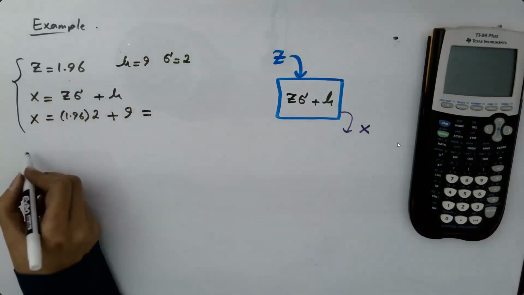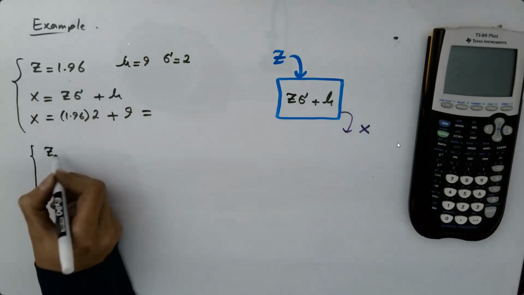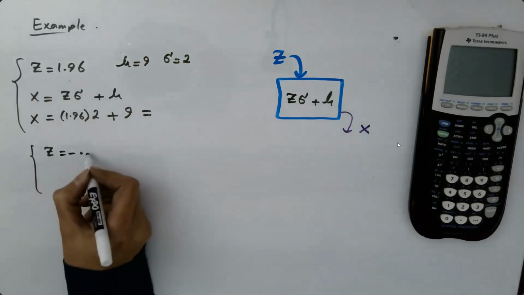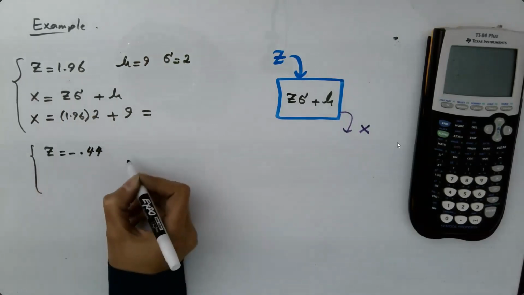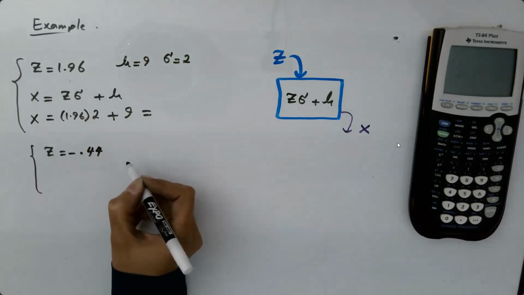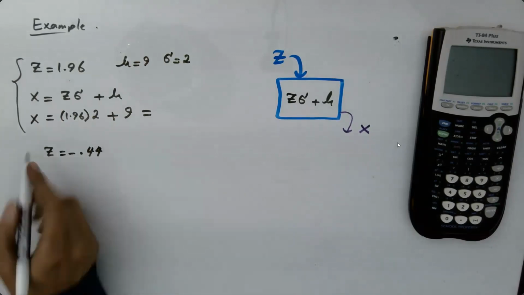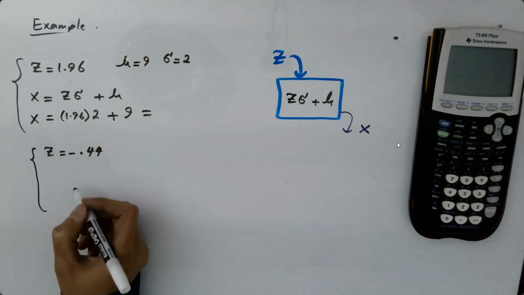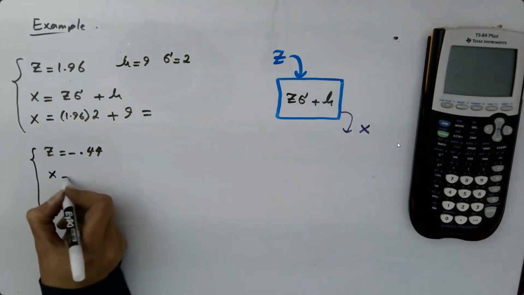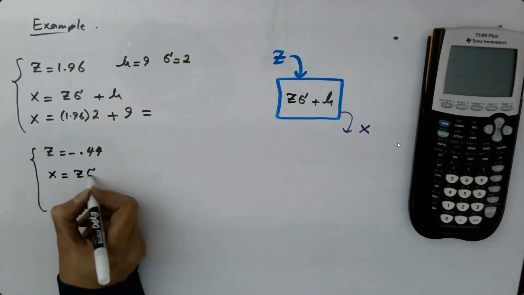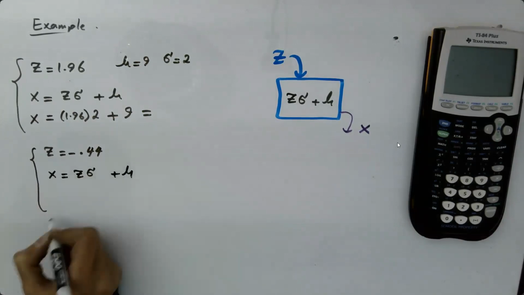The second one, z is negative 0.44. I want to know what is the weight associated to this z value. I have a formula, z times sigma plus the mean.